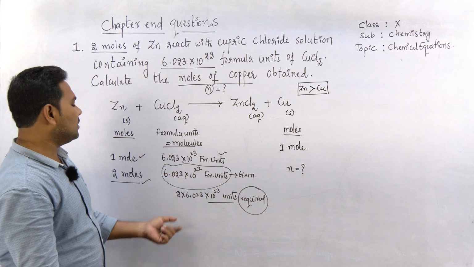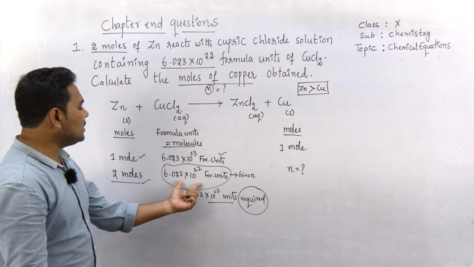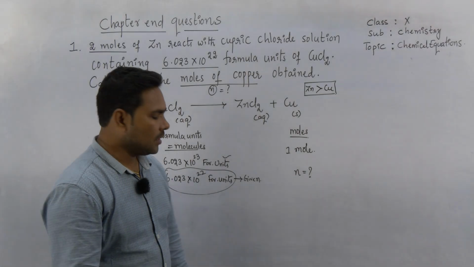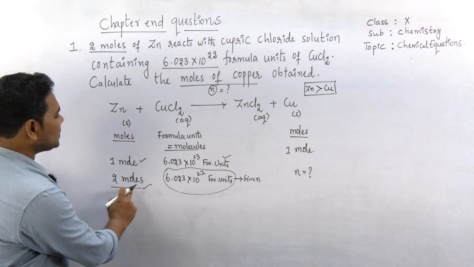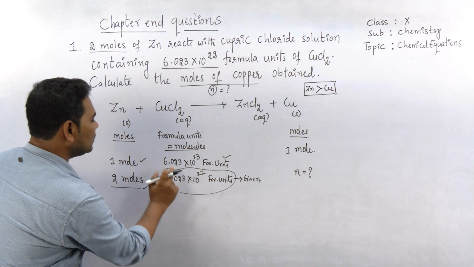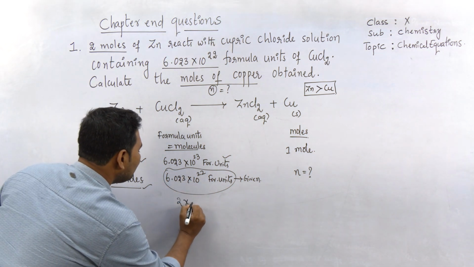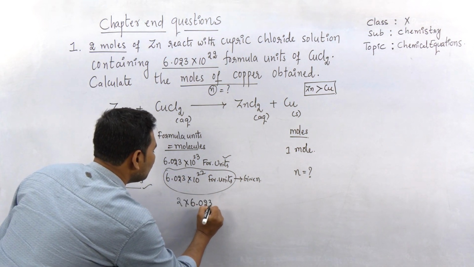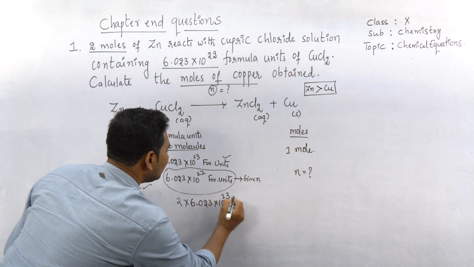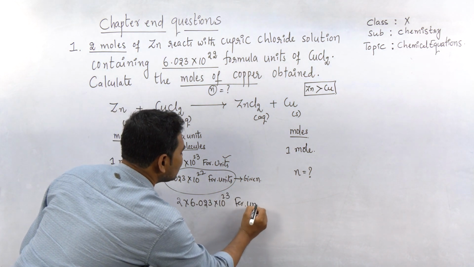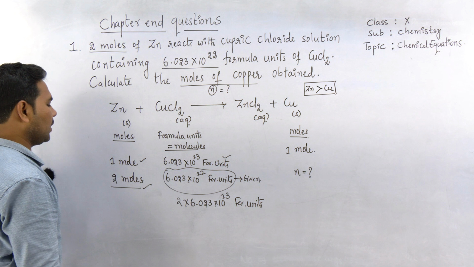But in the question we are supplied an insufficient amount of cupric chloride solution. So 2 mole zinc requires 2 × 6.023 × 10^23 formula units of cupric chloride.